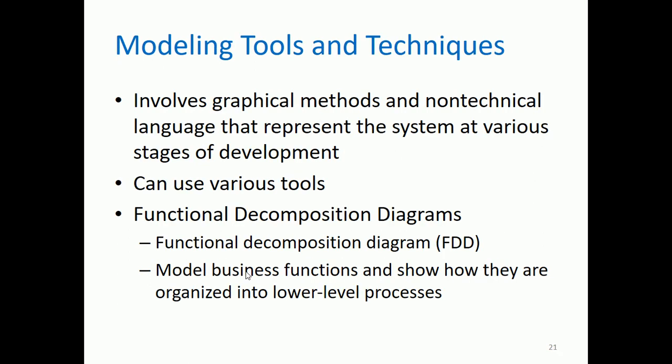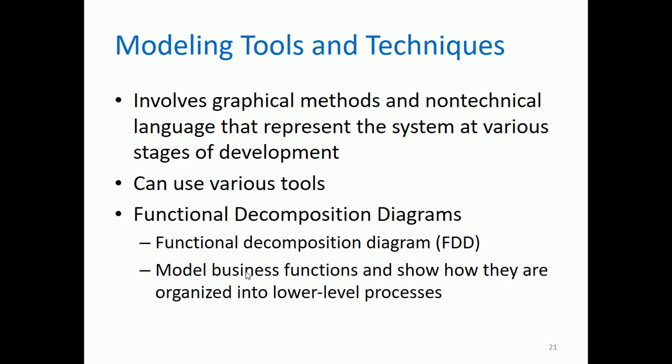Okay, next we have the modeling tools and techniques. It involves graphical methods and non-technical language that represent the system at various stages of development. Modeling tools include diagrams and can use various tools. We have an example, functional decomposition diagrams or FDD. They model business functions and show how they are organized into lower level processes.